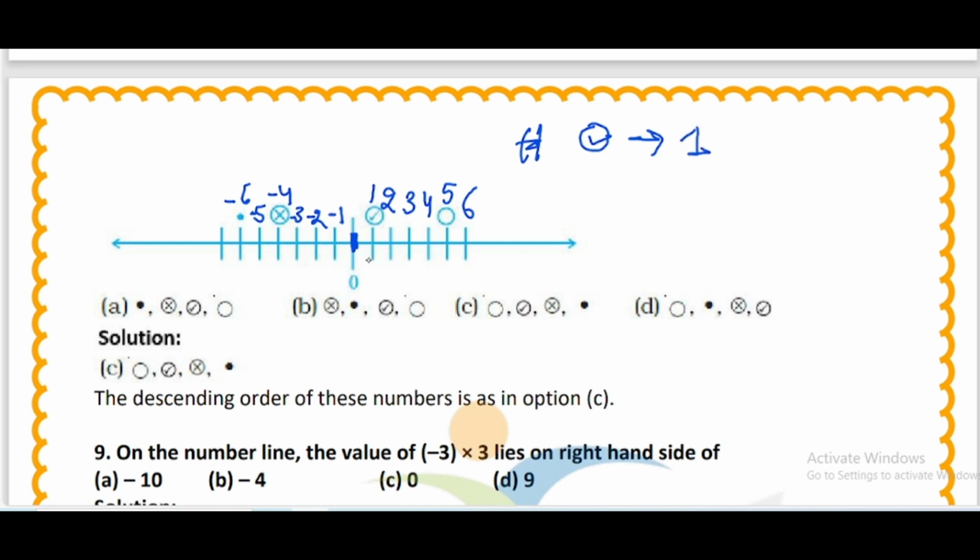Then the value of this circle shown on the number line is plus 5. Then the value of the cross circle is minus 4. And the value of the dot is minus 6.